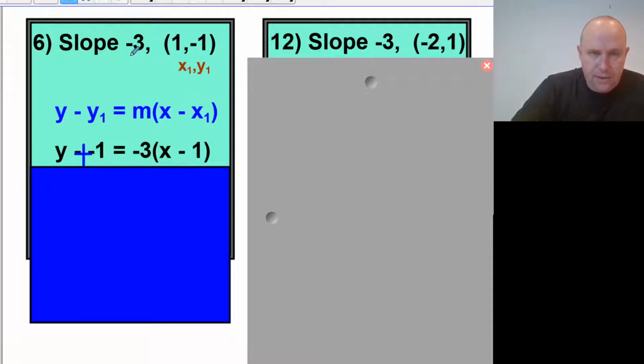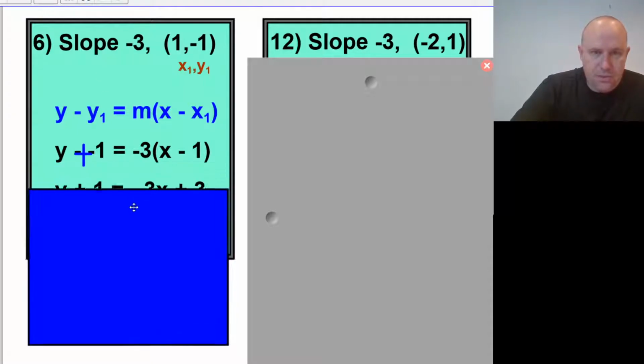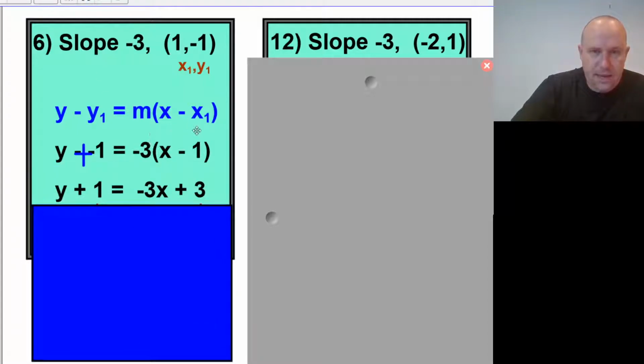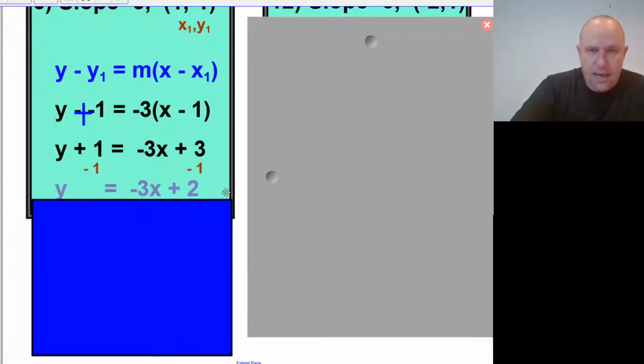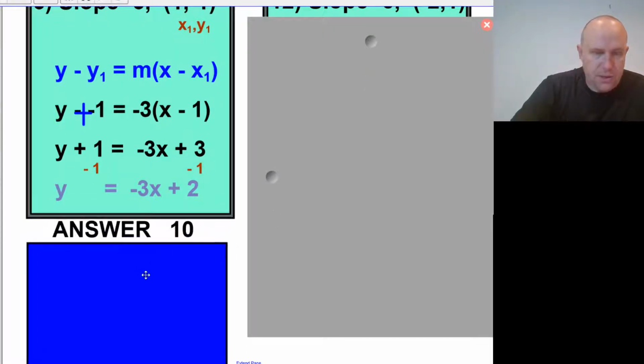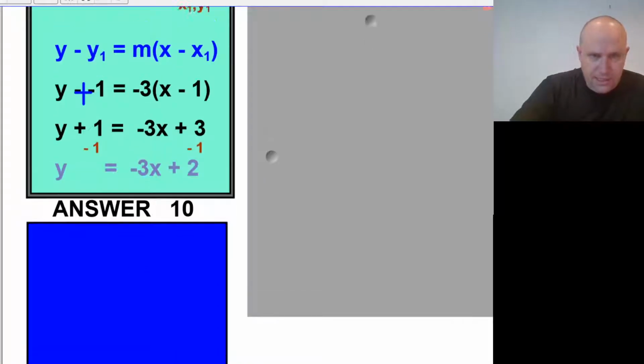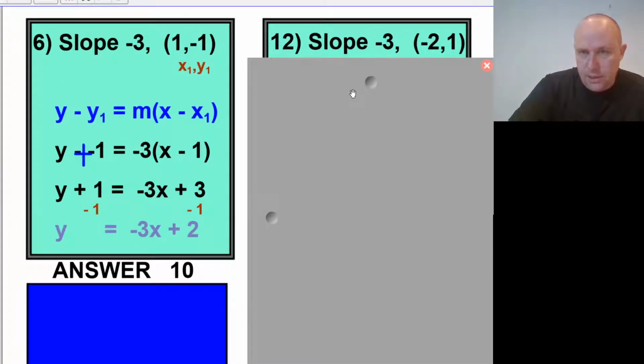Whoops, and the m again, I forgot, is the slope, so that's just -3. Now we can go ahead and distribute. -3 times x, and -3 times -1 is +3. We do the opposite of +1, which is -1, so we just get y equals, and then 3 take away 1 is 2, and that will actually match up with answer 10 as you're looking on your Nearpod.